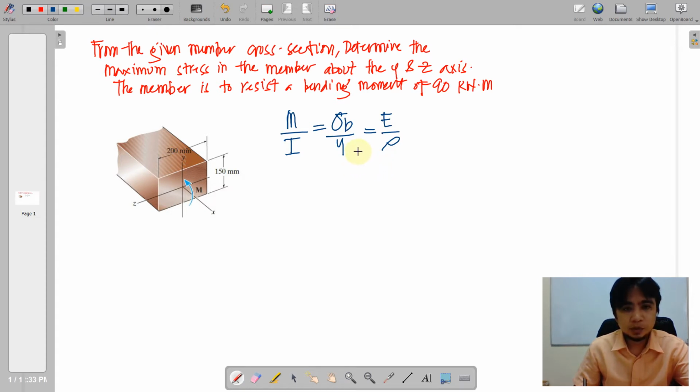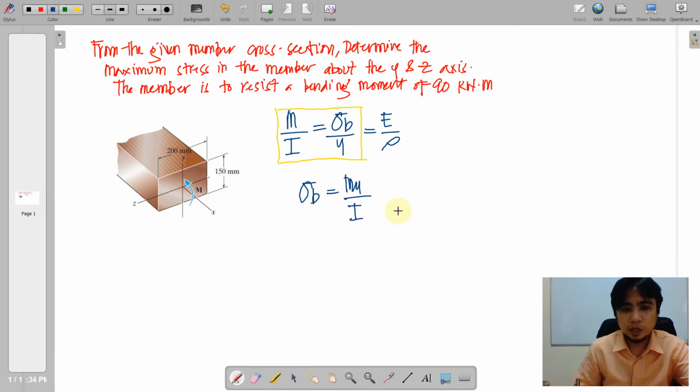This formula will be cut down to the left side, because it involves the cross section of the member, so we do not need the right portion, E over rho, because we do not have any modulus of elasticity or radius of curvature. So we use this and then we cross multiply.